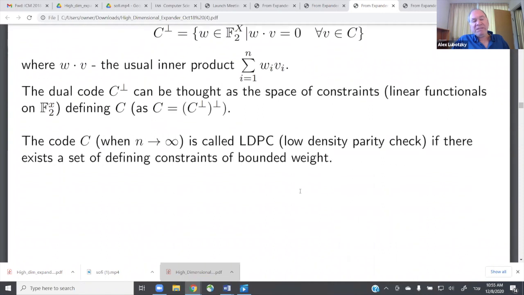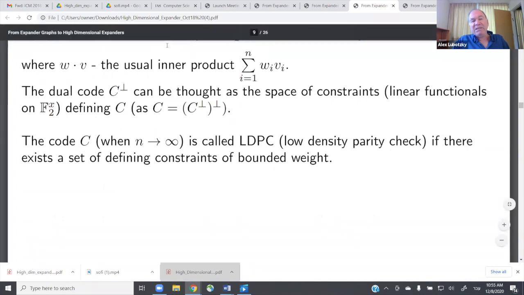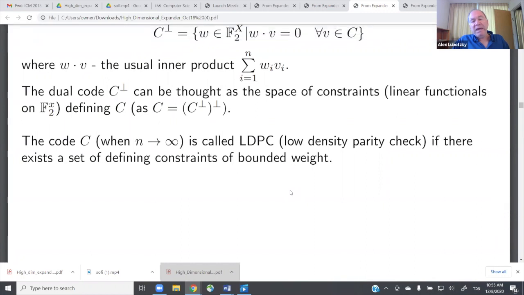Now, the code C, again, when I say code, I always mean a family of codes when n goes to infinity, is called LDPC, low density parity check, if there exists a set of defining constraints. So if we have a basis for C perp which contains vectors of bounded weight.